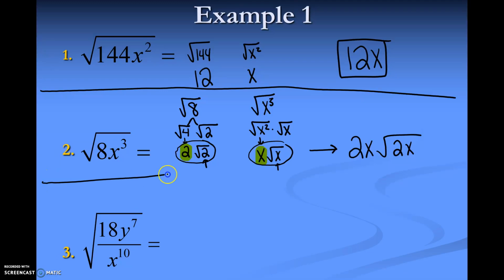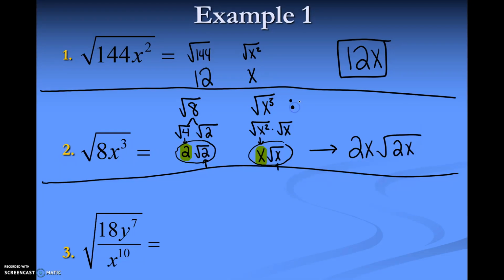Now, there are a couple ways to think about simplifying the square root of x to the 3rd. One way is to split it into the x squared and the x and then simplify it. Another way to think of it is how many groups of 2 are there in x to the third?